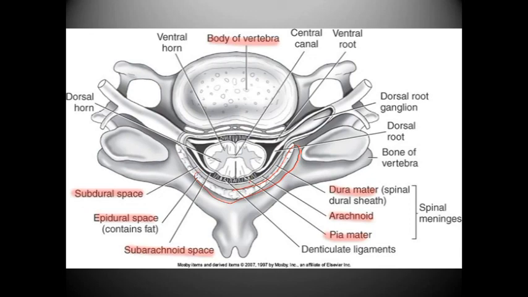And then we have the dura mater, the subarachnoid space, and we have the pia mater, and the arachnoid. Very difficult to discern.